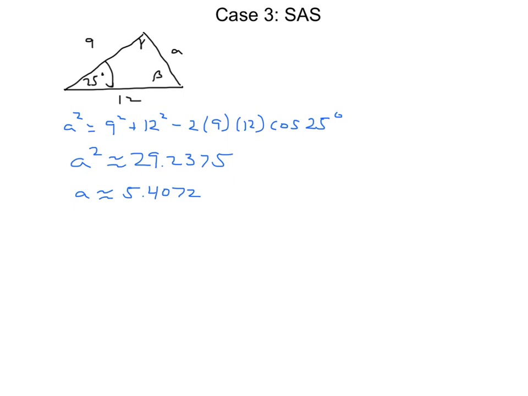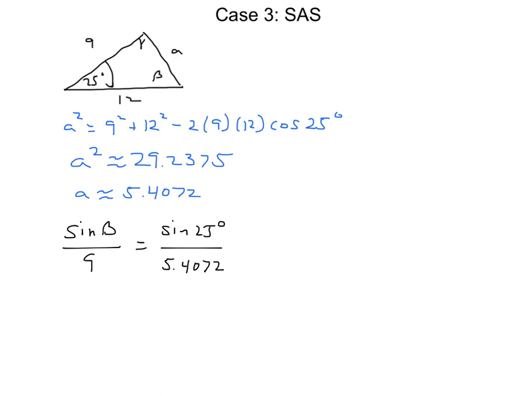So the next thing I can do is say the sine of beta over 9 is going to be equal to the sine of 25 degrees over my answer for A, which was 5.4072. At this point, I solve for the sine of beta.